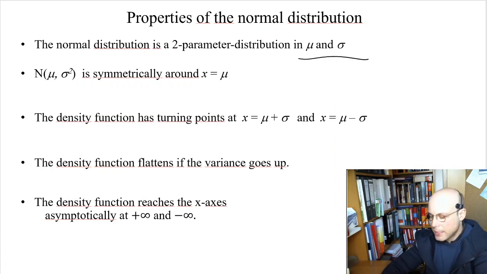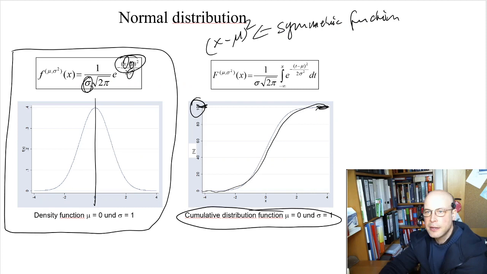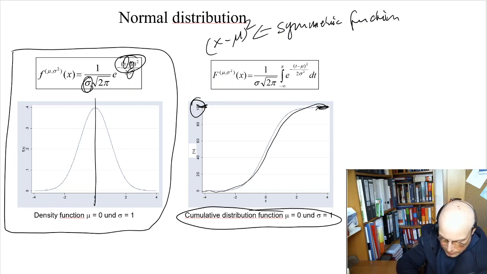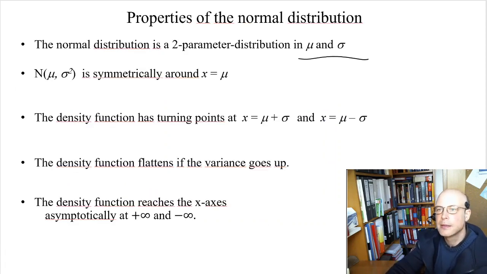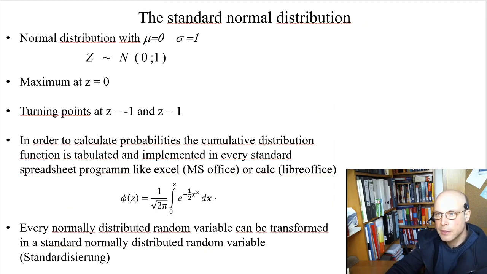And then also we can say, if we look at our graph here, we start here with turning to the left, and then at some point here we are turning to the right, and this turning point here, we find to be just mu plus sigma.